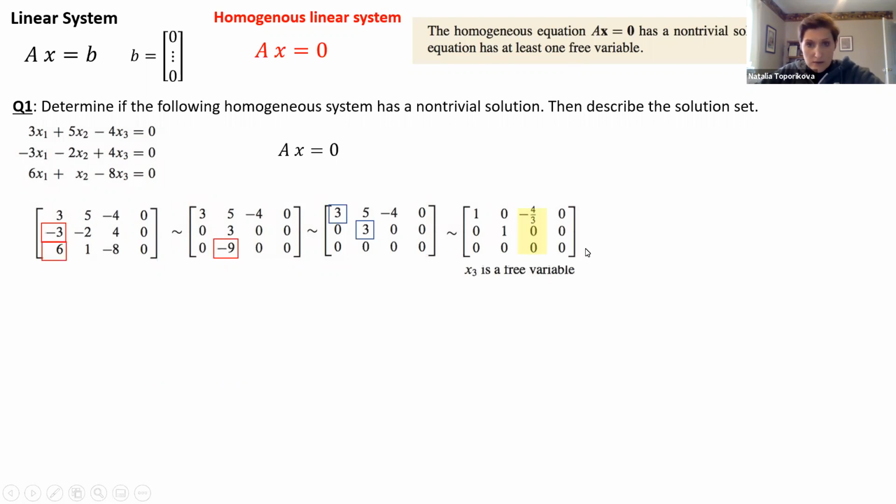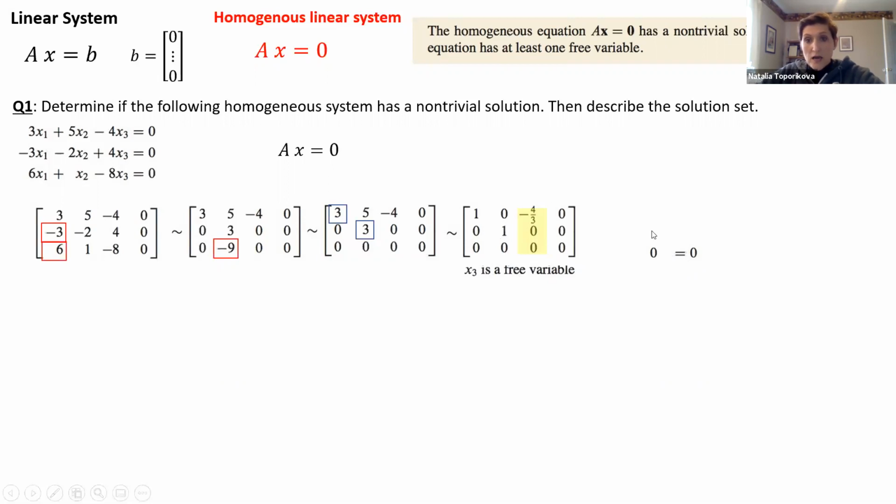But what is this solution? Let's first confirm the solution exists. The bottom row can be interpreted as 0 times x1, 0 times x2, 0 times x3, which gives us 0, which happens to be the right-hand side. So nice, you can take a breath of air.